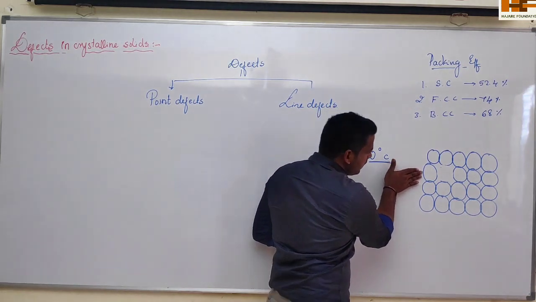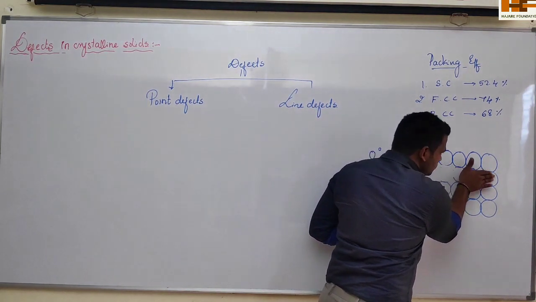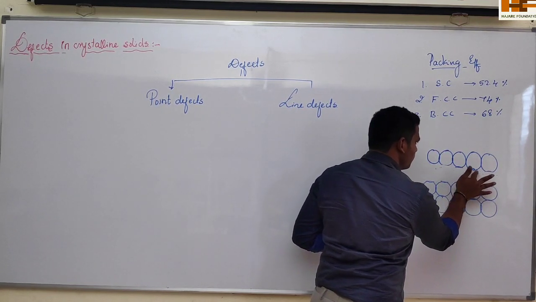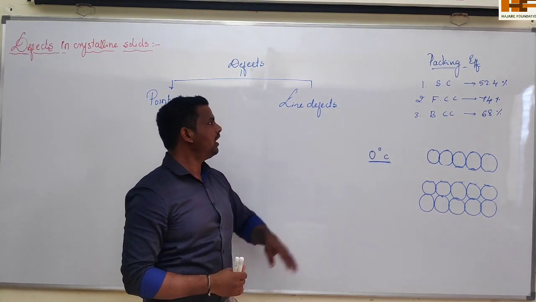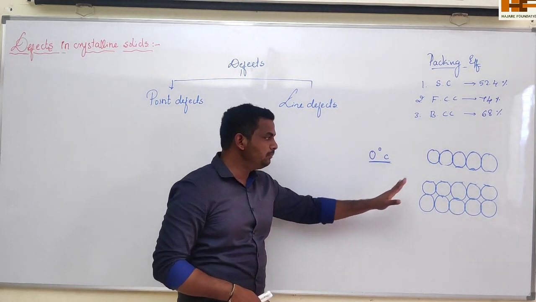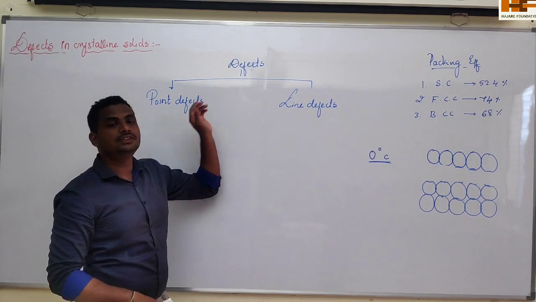Suppose this row is missing from the crystalline solid, this type of defect we call a line defect.